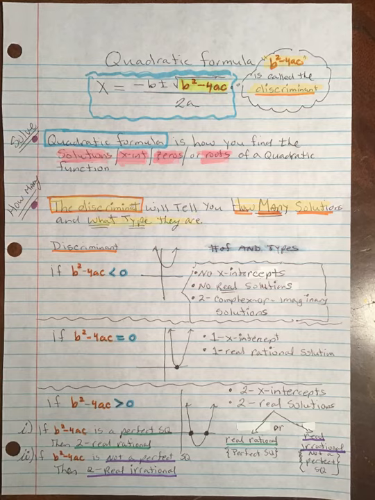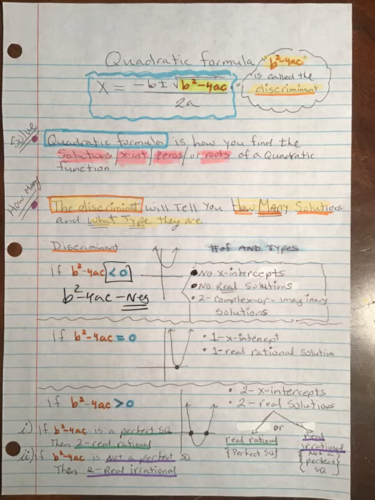So for an example, if the discriminant, remember, which is b squared minus 4ac, is less than 0, in other words, if the discriminant turns out to be a negative number, right? Anything less than 0 is a negative number. So if the discriminant is negative, that means you'll have no x-intercepts.